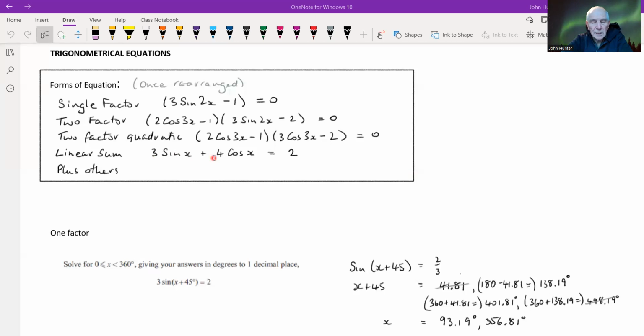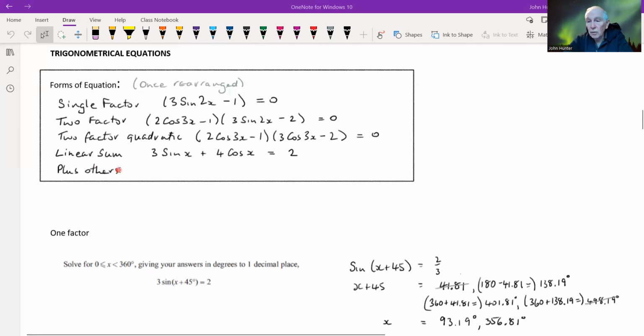Now, we're into the area of transformations of trig graphs, and also something called the R formula. It's widely called the R formula because that alludes to the process that we use for solving these equations. So we're going to touch on that and develop it a bit more in another video.